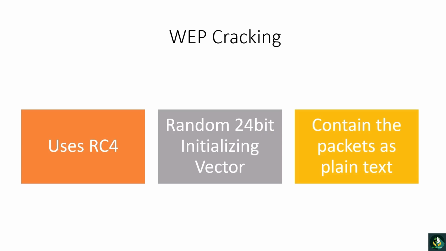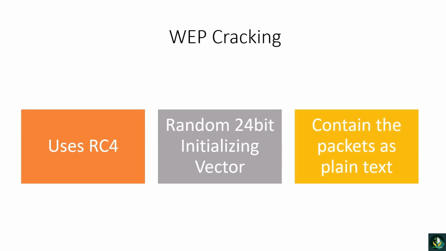Once we have two packets with the same initializing vector, we can use a statistical attack to determine the key stream, and after that determine the WEP key. So from the above we know that the more IVs we collect, the more likely we are to successfully crack the WEP key.